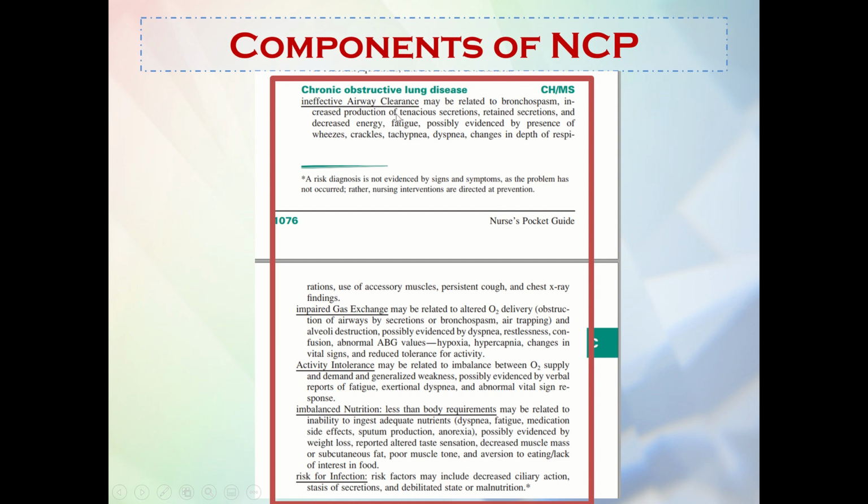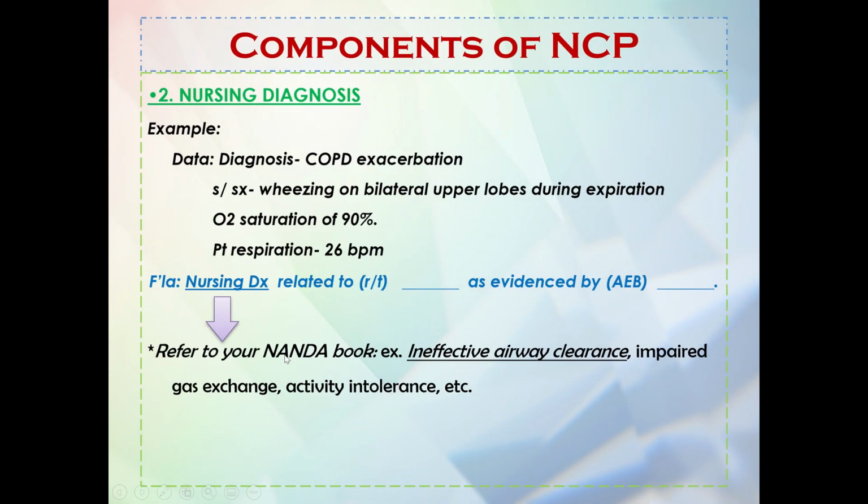So in this case, pwedeng ineffective airway clearance, impaired gas exchange, activity intolerance, imbalanced nutrition, risk for infection. Pero again, our priority here is the actual problem of the patient. Okay, so going back, among the different nursing diagnosis na pinakita sa atin ni NANDA, ang na-identify natin na pwede natin magamit sa pasyente, again, highly individualized tayo, and based on the signs and symptoms ni pasyente, is definitely the ineffective airway clearance.